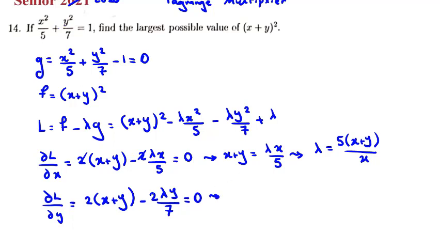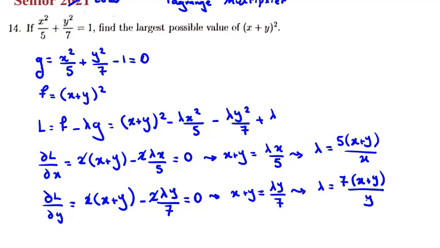The next one, we divide both sides by 2 again, x plus y equal to lambda y over 7, and lambda equals, multiply by 7, divide by y.